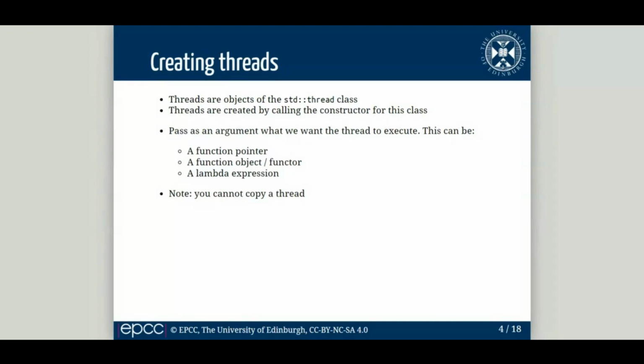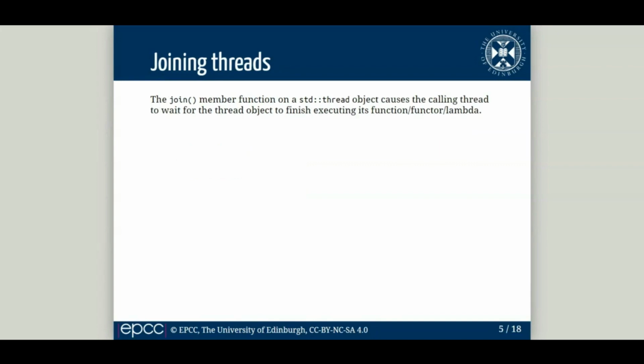We can pass the function pointer, or we can also use a lambda expression or function object. Here there is a note that you cannot copy a thread. A thread is kind of a function that you execute in parallel, so making a copy of a thread doesn't make that much sense. That's why it is said that it's not possible.